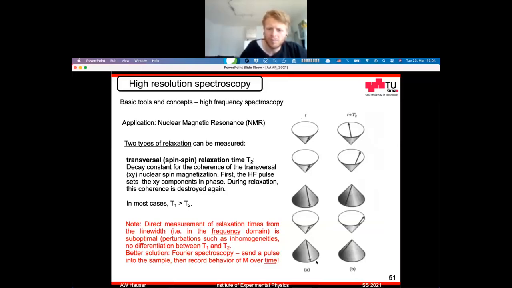If you look from the top down, all these vectors are on top of each other. And at some time t plus t2, this phase-locked situation is gone, and they have a random distribution with respect to each other. There is no phase relation. So on average, there is no longer any component of your magnetization that is changing over time in the xy plane.